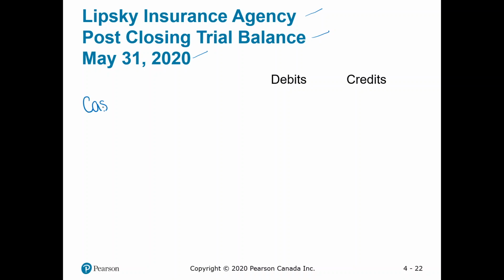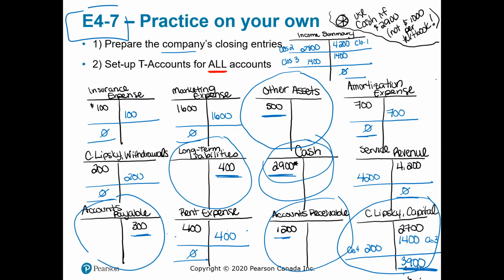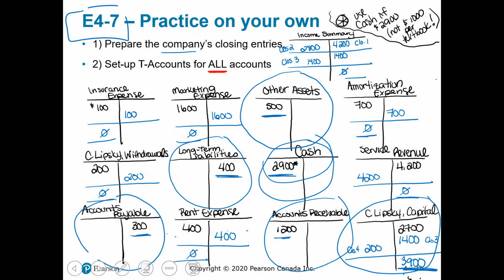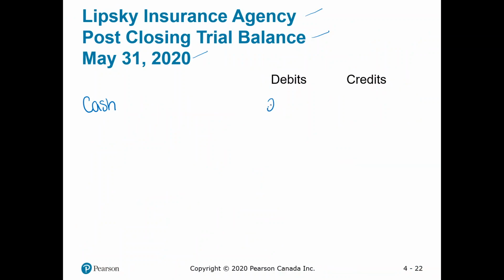So the first account that we'll use is our cash. We've got the $2,900. Again, I changed this from what the textbook said. It said 1,000, but if we use that, things just wouldn't work out. So I've updated this to cash $2,900 debit.